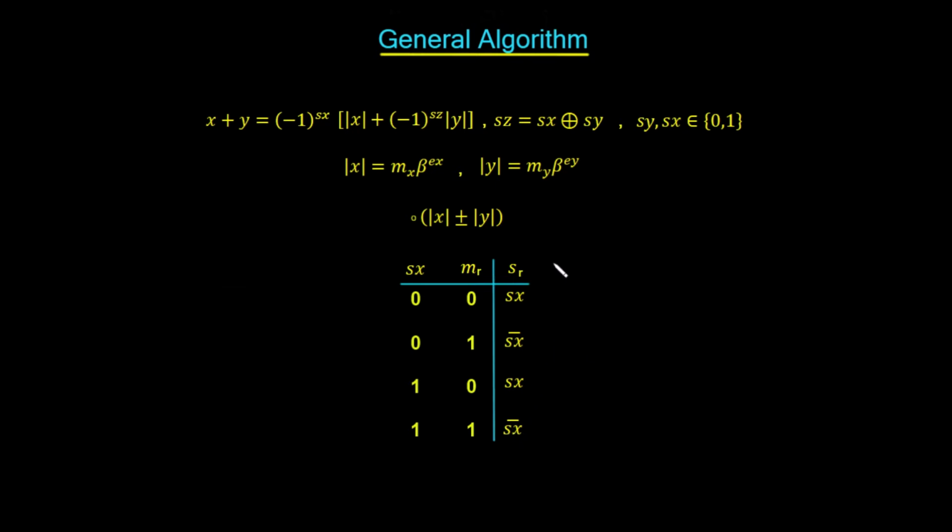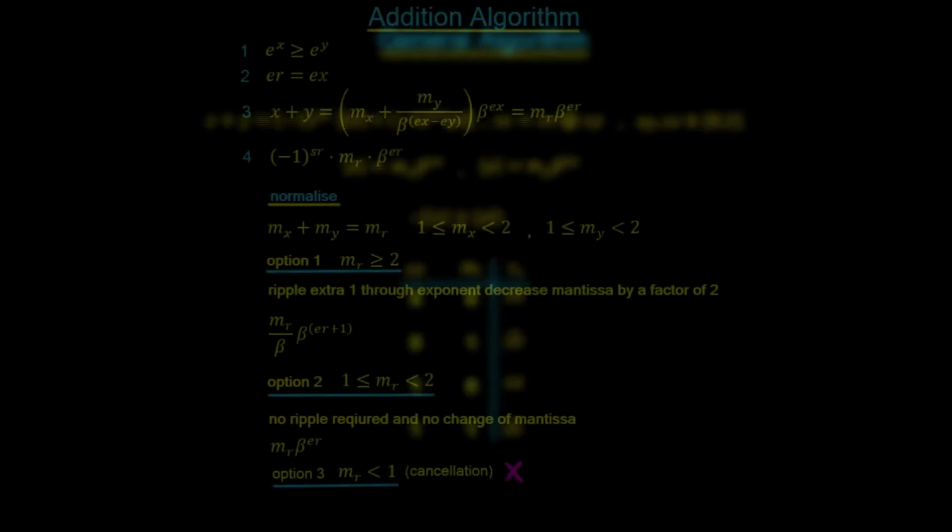We're not going to talk through this in any more detail. We've seen this before, and if you're unsure, you can always go back to the original 2 videos for the algorithm. So let's move on and we'll look at our addition.